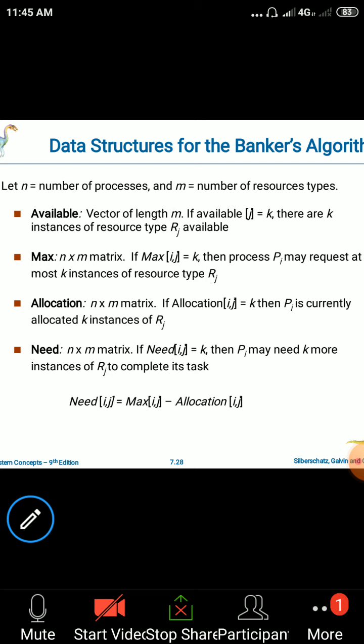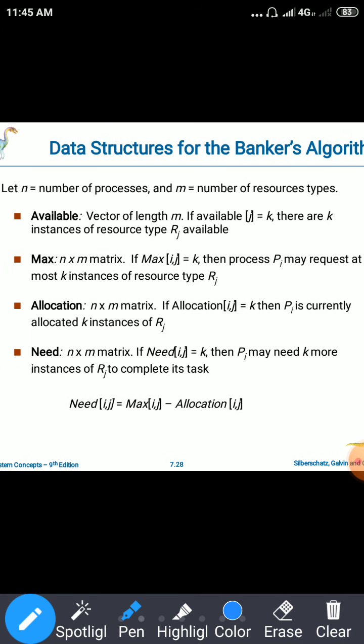Available means the maximum number of resources available, and for each resource we have multiple instances. Next, maximum is the maximum number of resources of each type required for the process to complete its execution. Among the maximum, currently the process is allocated some set of resources, and that is represented by allocation. After that, we calculate the need. Need is the maximum minus allocation.